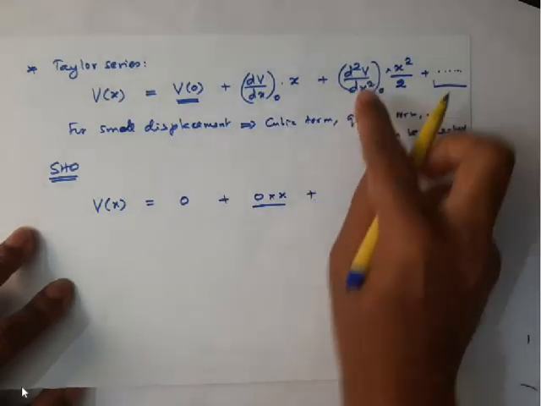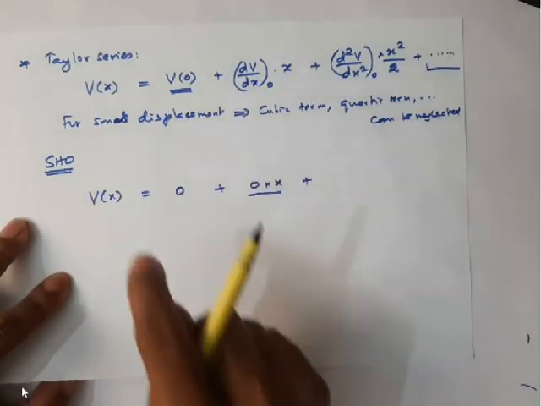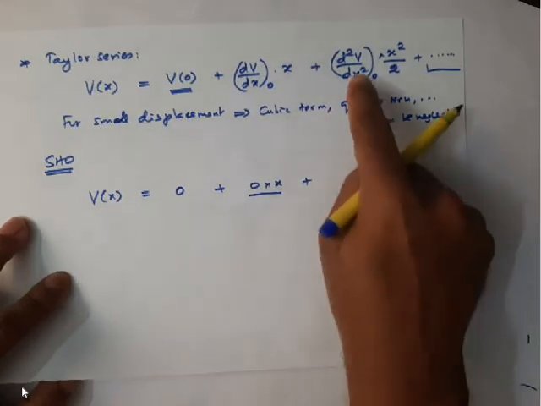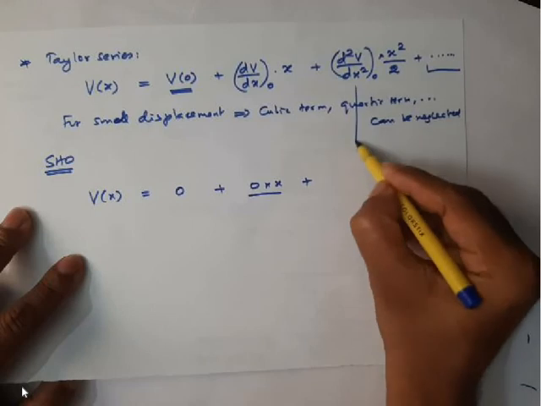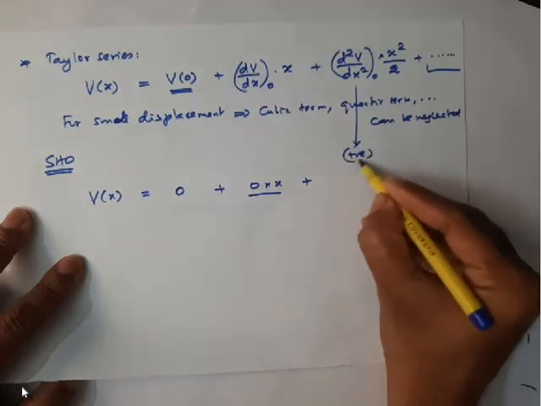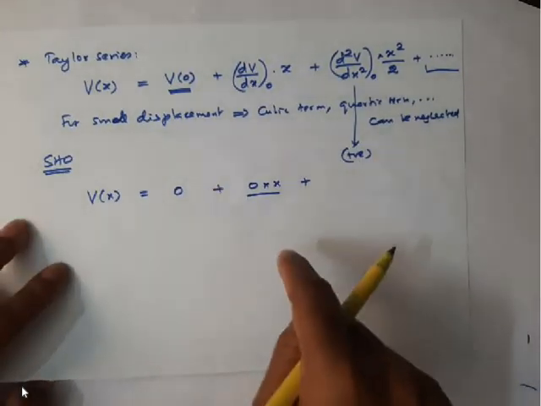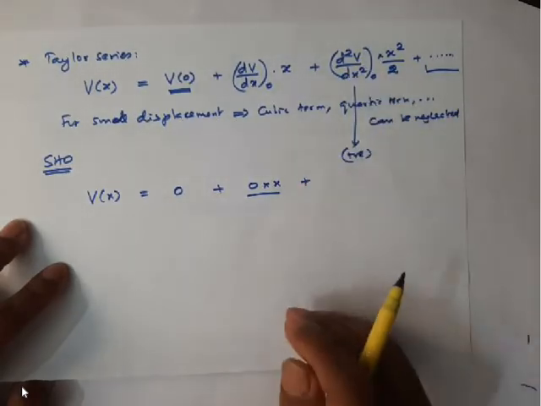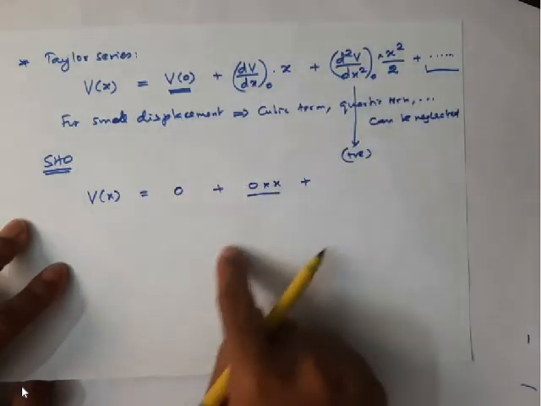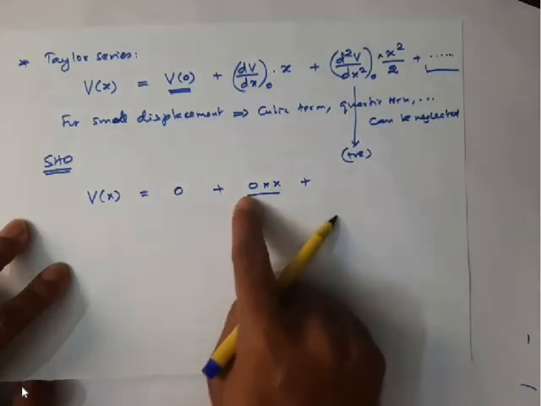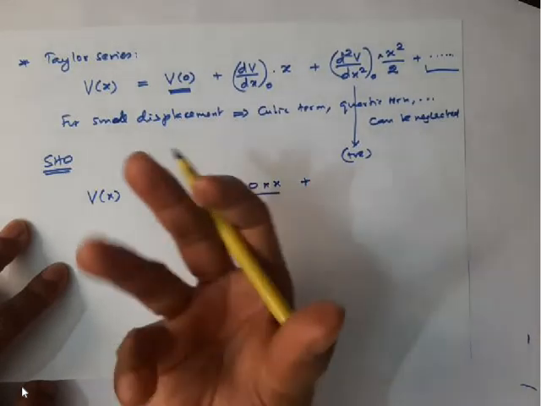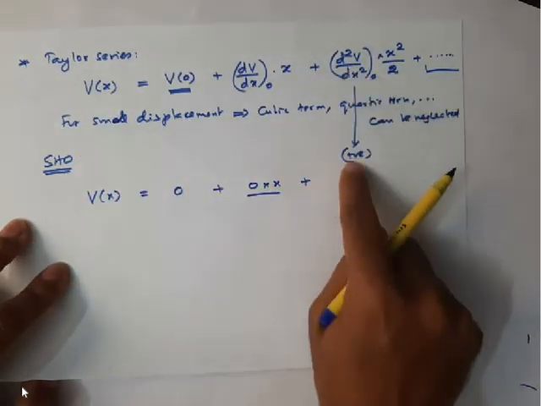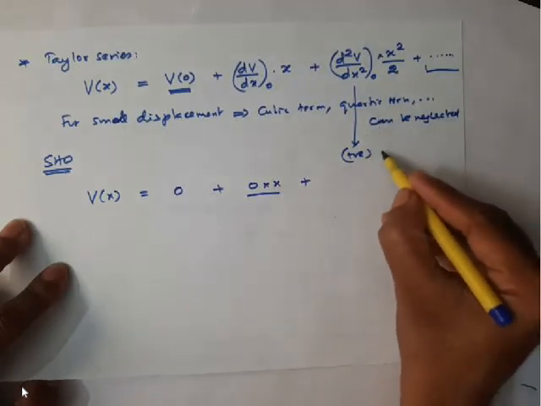Then the second derivative: since we are getting a minima here, the second derivative value should be positive. If you get a maxima, the second derivative value is negative. Since we get a minima, or a concave up curve, the second derivative value is positive, and it is a constant.